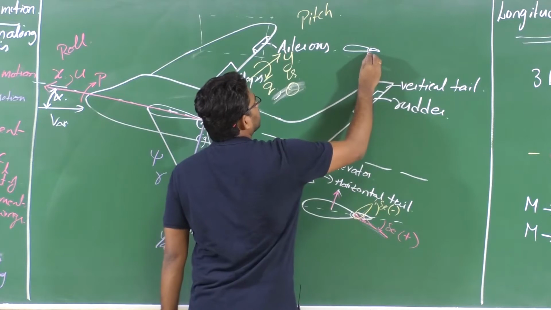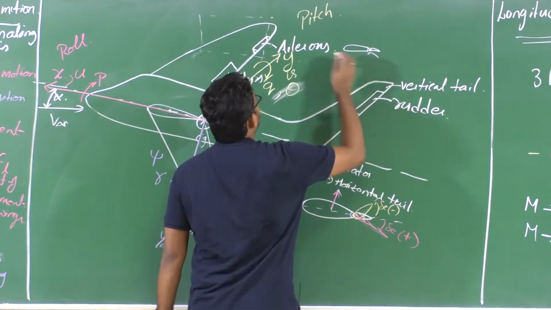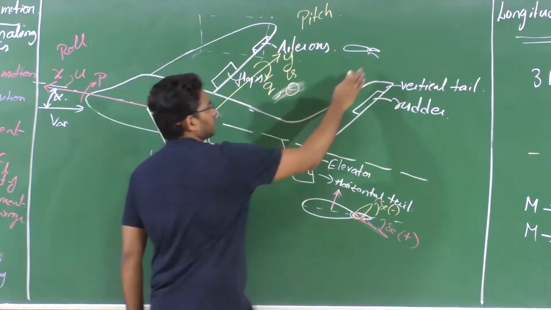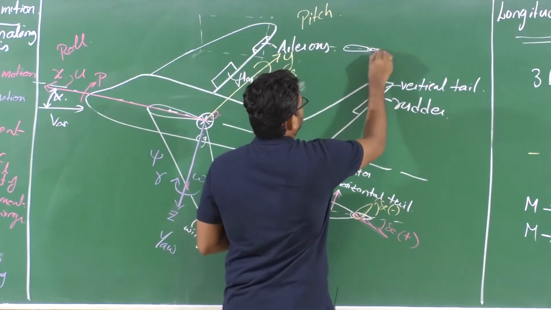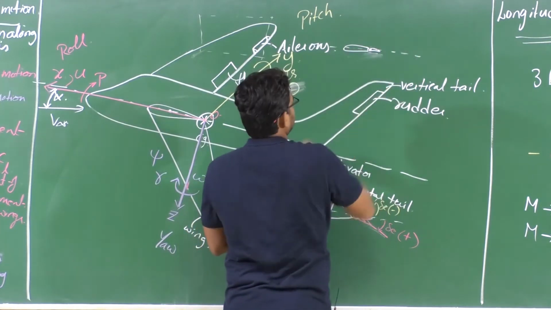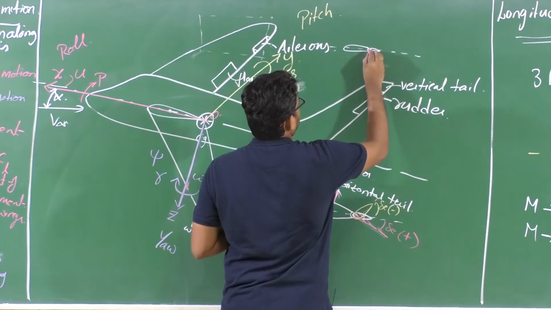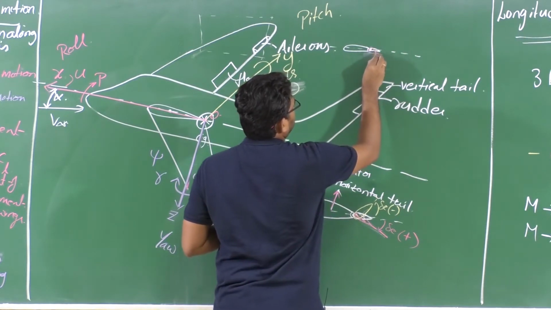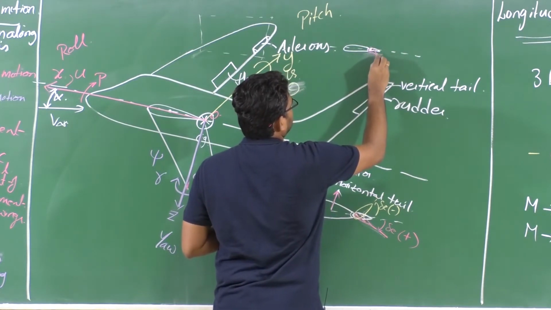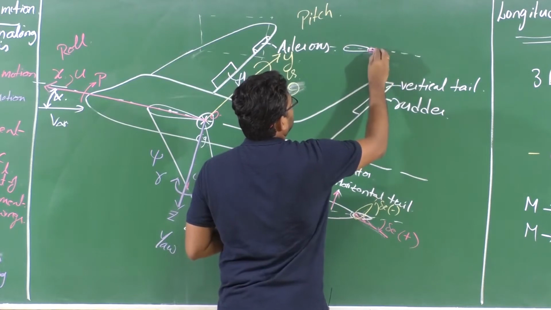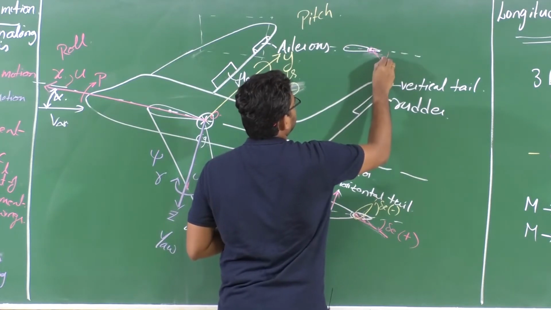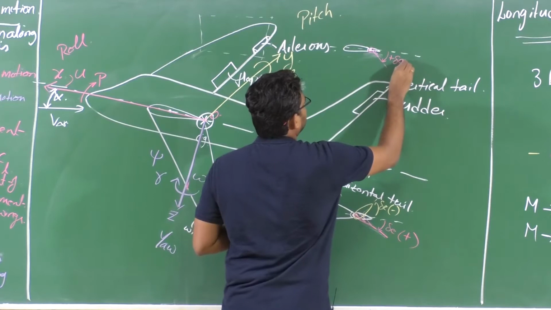So if I deflect this downward, the right aileron, I consider this deflection as positive delta A.